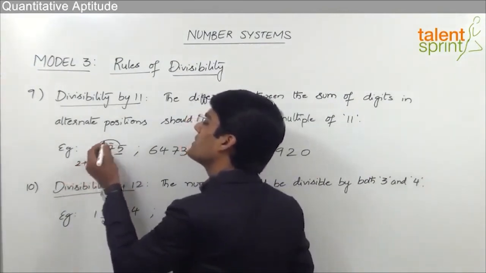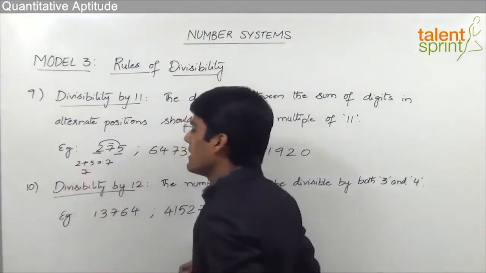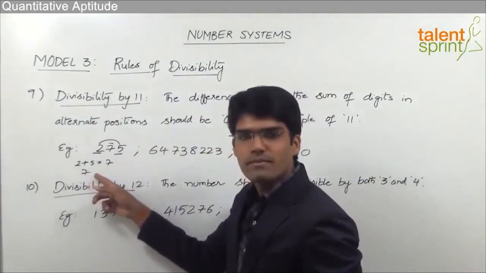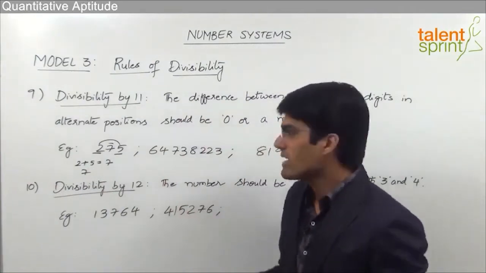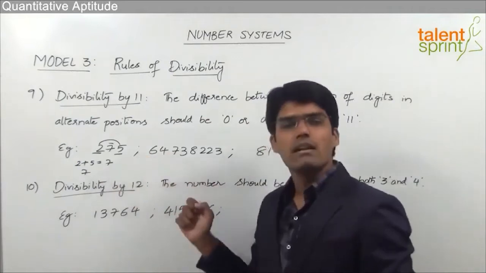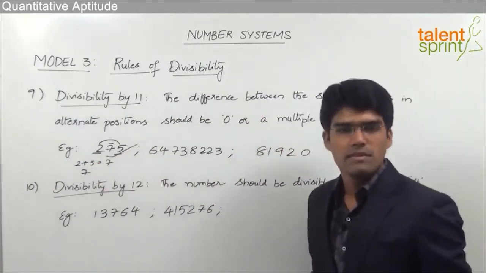And the other left out position is only 7, so the sum itself can be taken as 7. Now we see that one of the sums is 7, the other sum is also 7. And the difference between these two sums, 7 minus 7, is 0. So as given here, if the difference is 0 or a multiple of 11, the number is divisible by 11. So we can say that 275 here is divisible by 11.